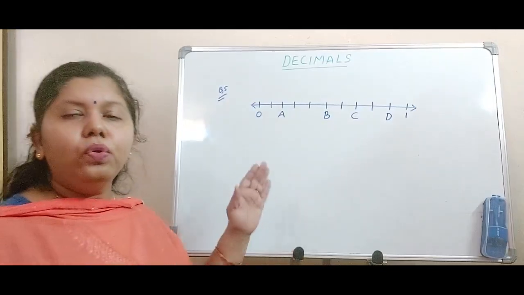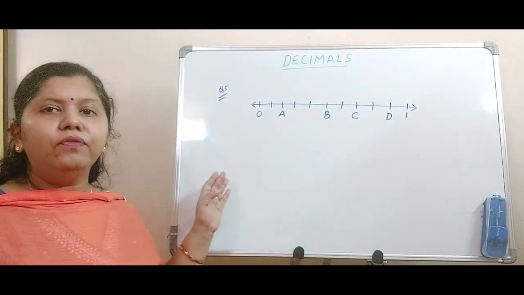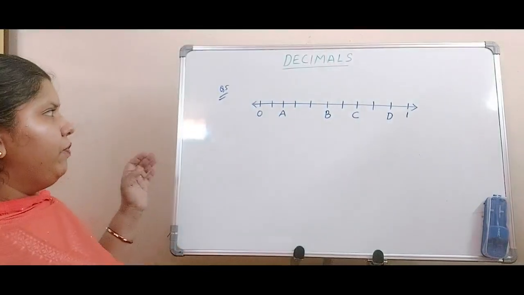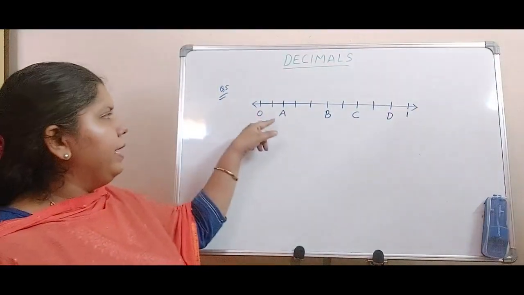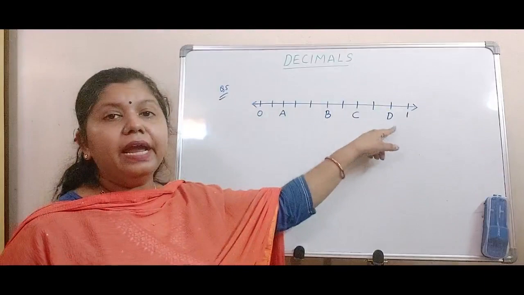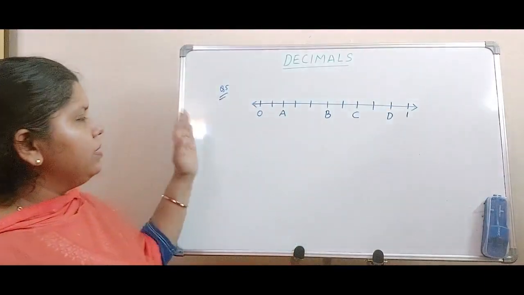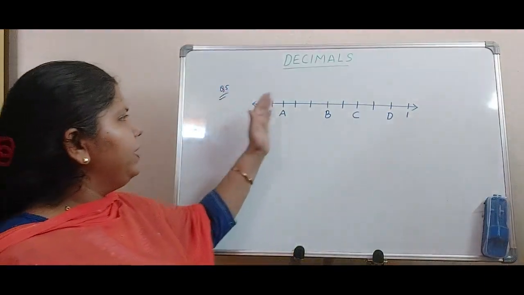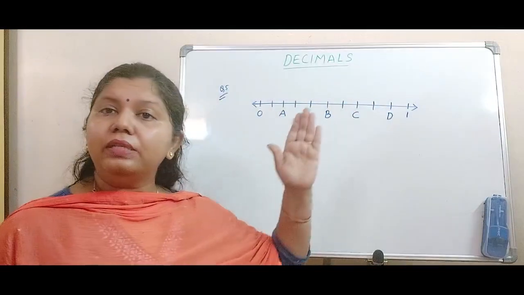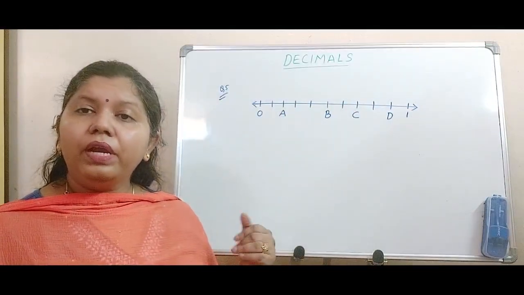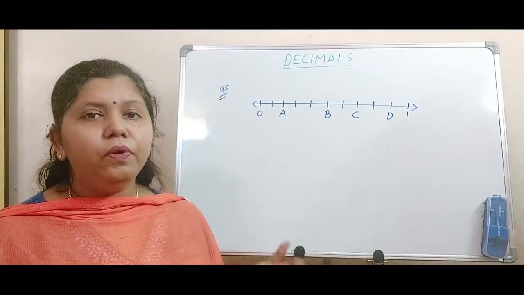Now let us look at this number line, and you have to identify the fraction which is denoted by letters A, B, C and D. As we can see, this number line is between 0 and 1. That means it has to be what kind of fraction? It is a proper fraction.